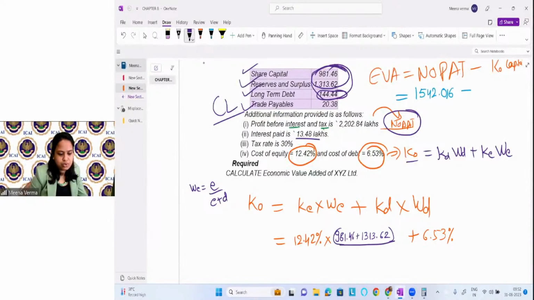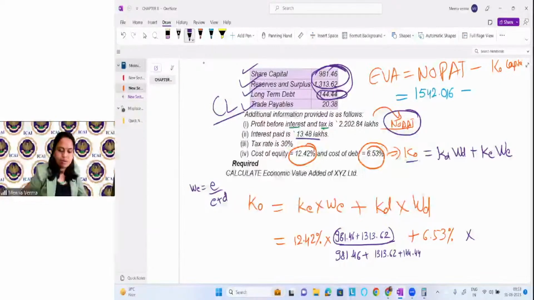Divided by the total is what? Total will include everything: 981.46 plus 1313.62 plus 144.44, right? This is the complete value.